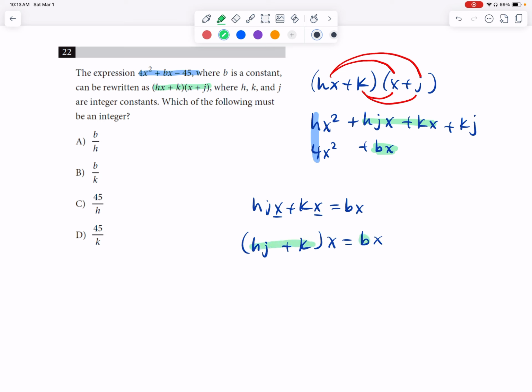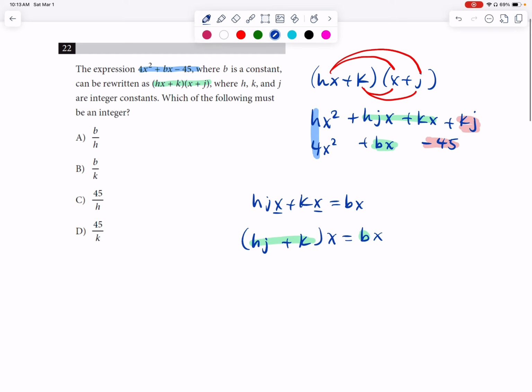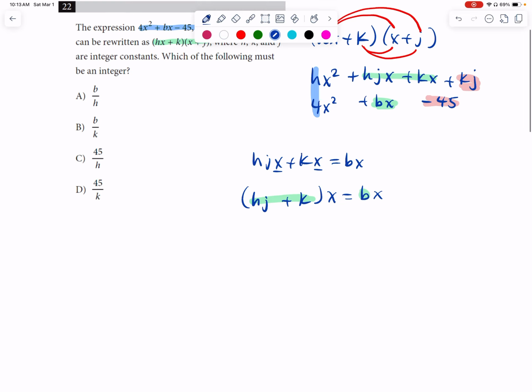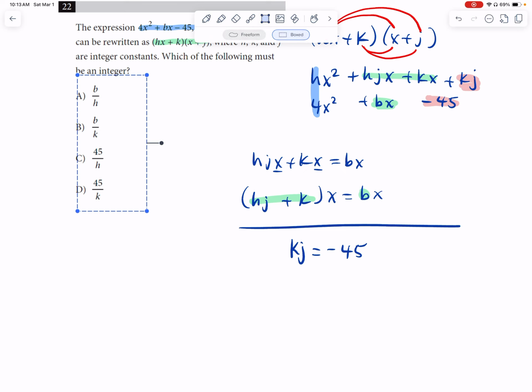Turns out I don't. The part that I actually need is this last bit here, which is minus 45. So minus 45 is exactly what k times j is supposed to be equal to. Here, let me write that also as an equation. So I have kj should be equal to negative 45. And the negative part can kind of be ignored, especially since you look at these answer choices, there's no negative here.